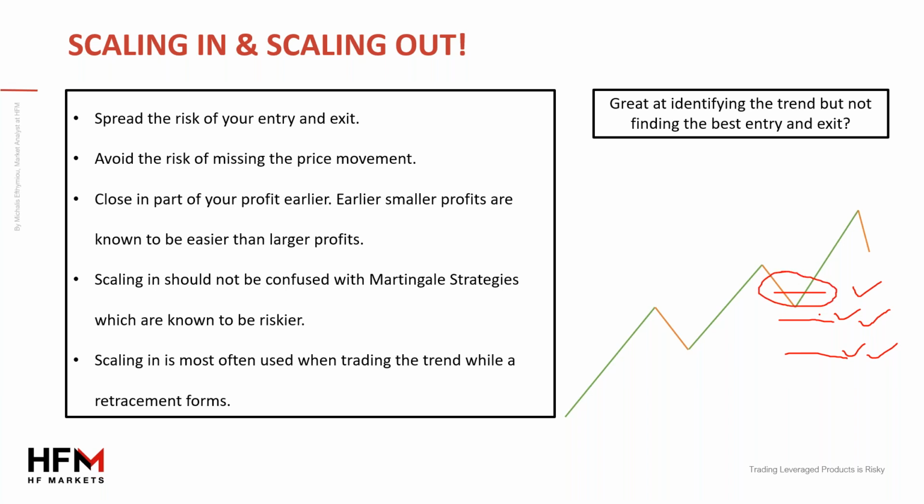So here you can see how you can use scaling in to ensure you're not missing the price movement, especially if you're measuring previous waves. If you're measuring all the impulse waves and all the corrective waves, and you're looking at what the smallest is, the largest is, and the averages, you may say to yourself, I want to place a pending order to scale in at the average and the smallest, or the average and the largest, whatever it may be. But you can use scaling in and scaling out to help.